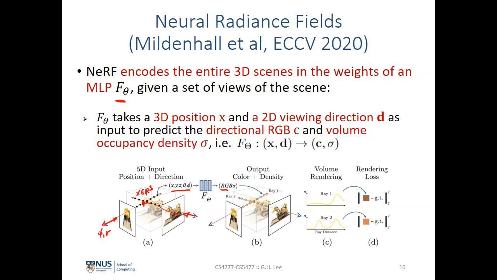Okay, and the interesting thing here is that once you do this, you are able to actually render. That means that if I train the function f theta from multiple views, I have many views here, by sampling all the points from different views, and I want this function to predict the RGB and sigma value of that particular pixel.